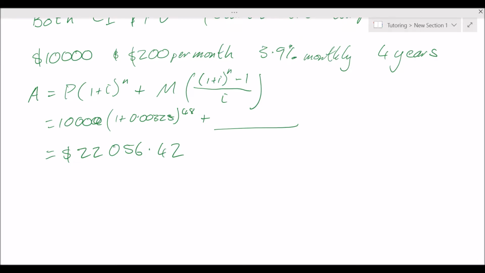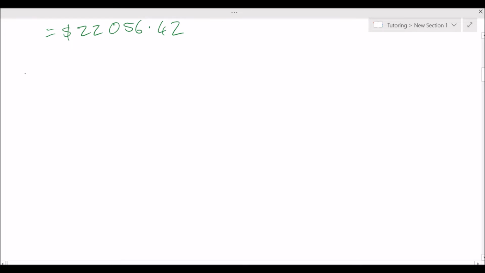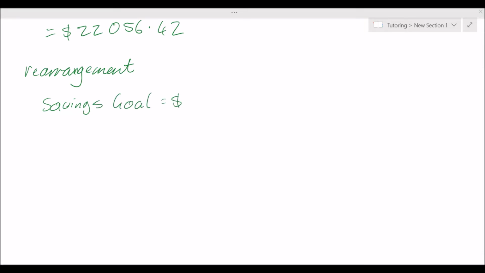Now, there might be some situations where you have to rearrange the formula. An example of this might be something like you have a savings goal of $10,000.